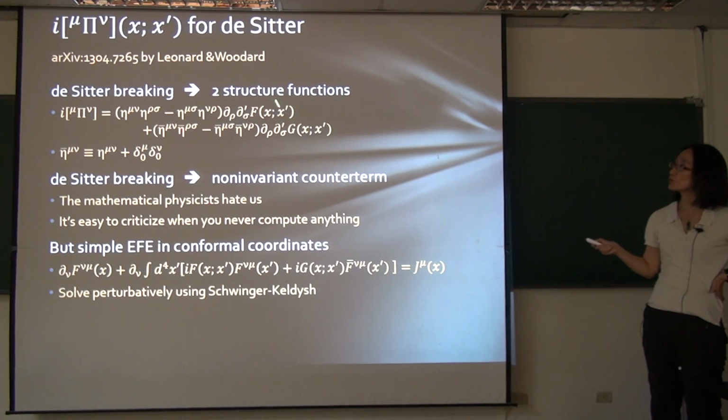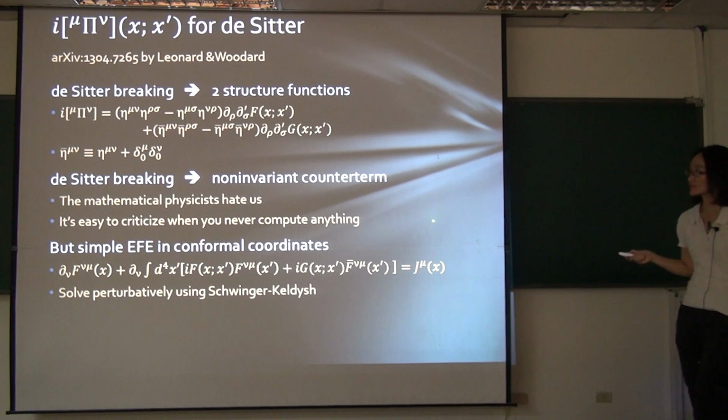And actually, Woodard, Lehner, and Kokopes found a way to convert between this simple representation and the de Sitter invariant representation. So you will ask, why do we use the complicated one to do the calculation? Because you already know how to convert to the de Sitter invariant one, and the de Sitter invariant one also does not get rid of the de Sitter breaking piece. So why bother using the complicated one?